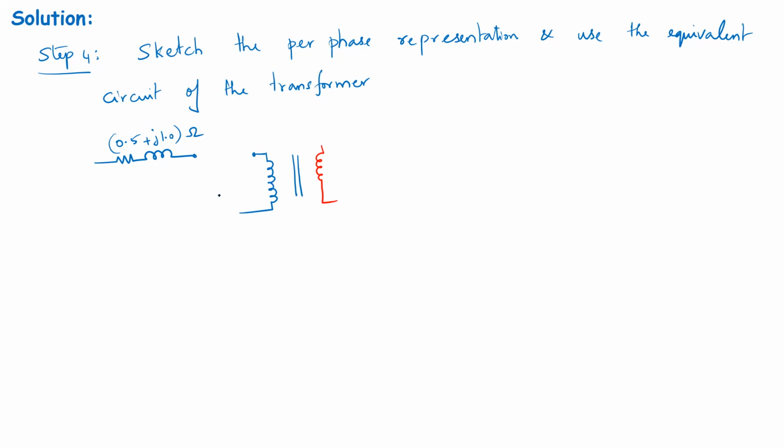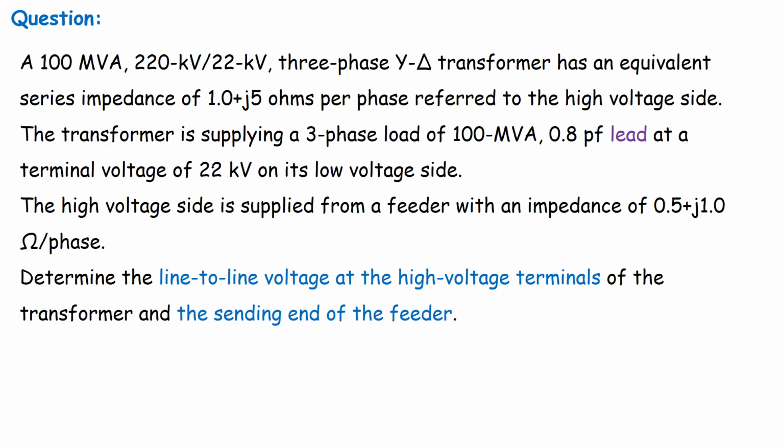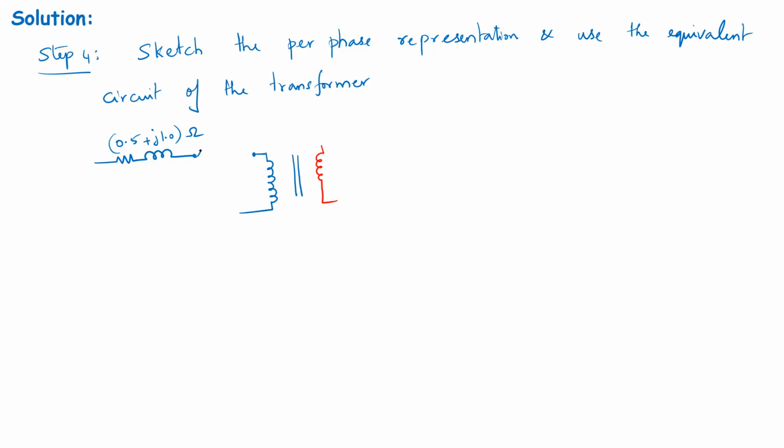And as per the problem statement, if I go back to the slide which introduced the problem, the equivalent circuit impedance of the transformer is 1 plus J5 ohms referred to the high voltage side of the transformer. So when I introduce the equivalent circuit impedance 1 plus J5, it must be connected to the high voltage side of the transformer.